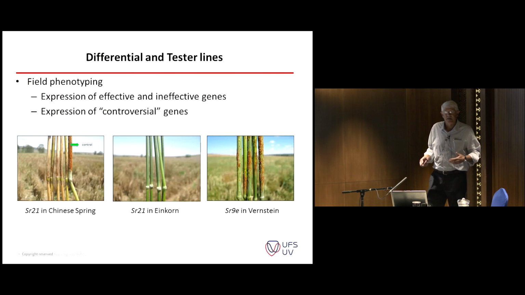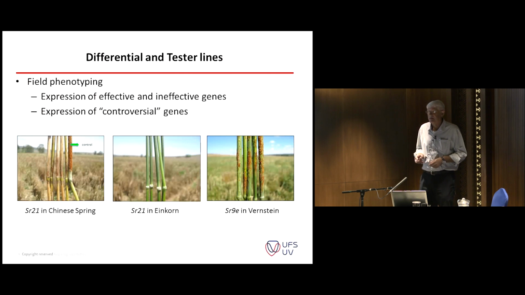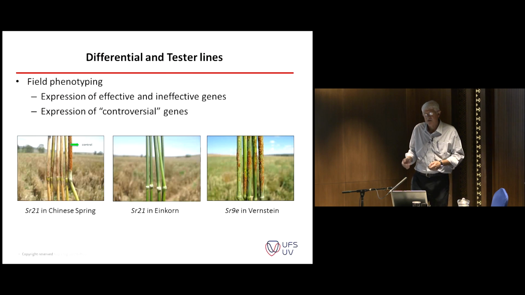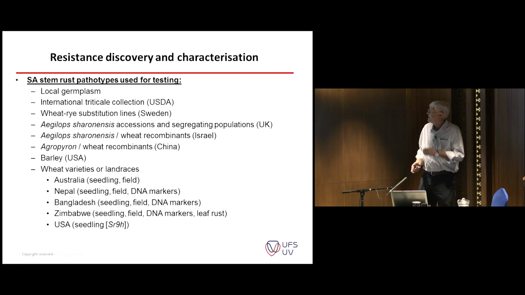So that's another way that we can accurately describe the expression of certain SR genes. This is in the Wernstein background. Obviously, if you put SR9D in something else, it may be 100S. But again, the availability of cultures resulting from surveys allow us to make these detailed tests, and then eventually we can make more informed decisions about which genes to use.